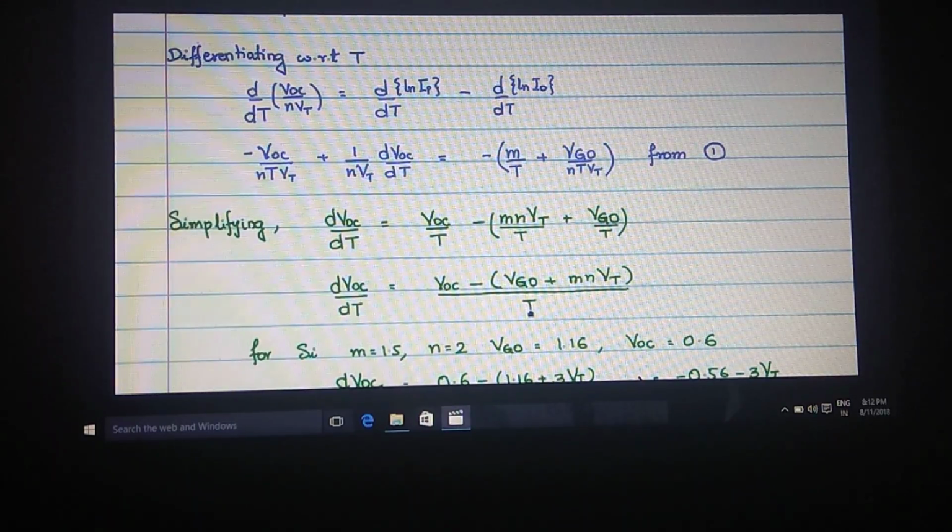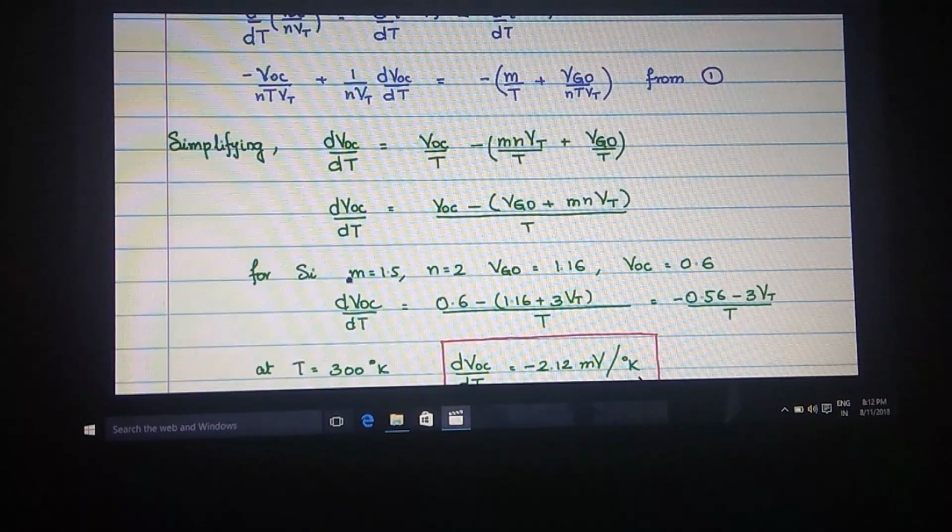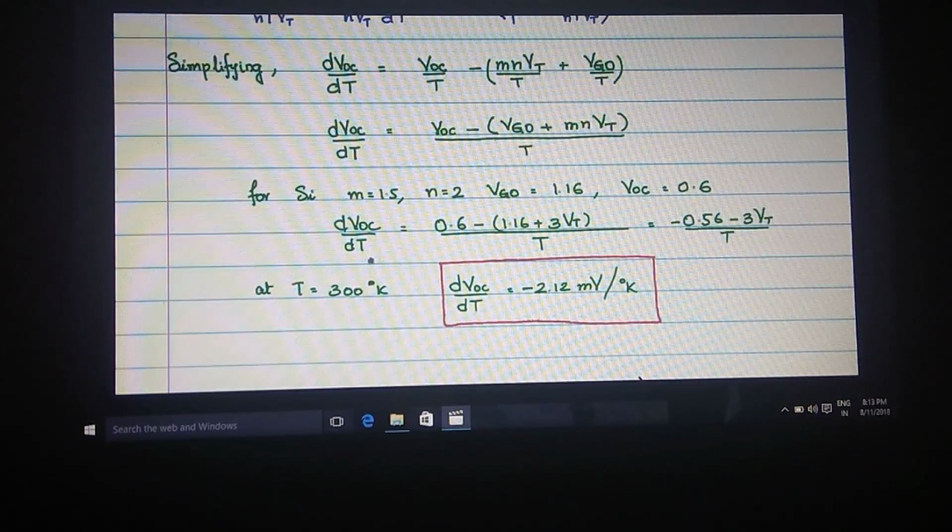See the almost inverse proportionality of VOC with T. Now for silicon, if you substitute m equal to 1.5, n equal to 2, VGO equal to 1.16 electron volts, and VOC is 0.6, you will land up with dVOC by dt as this value.